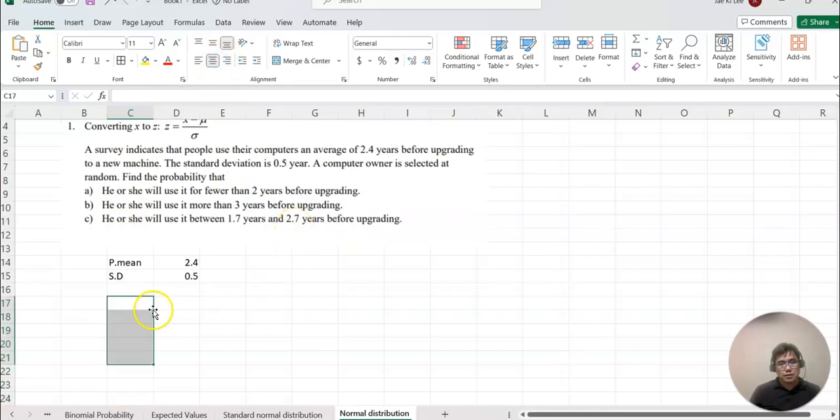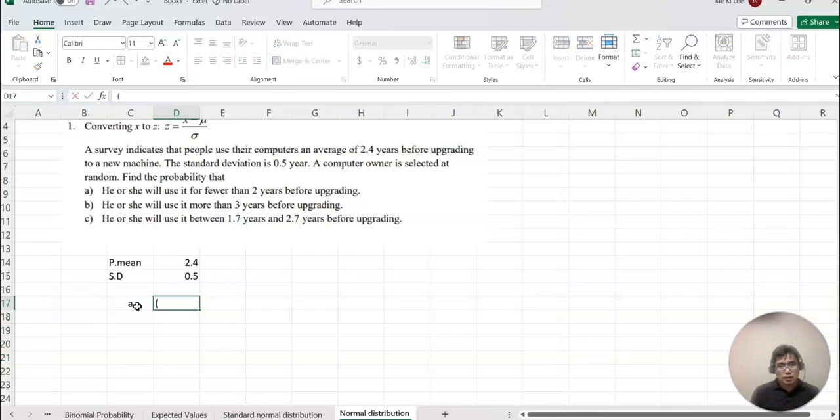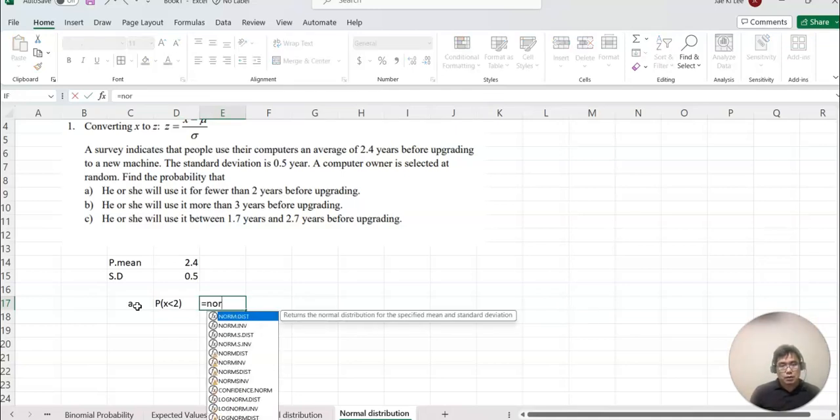A first. He or she will use it for fewer than 2 years. So we can indicate the probability that x is fewer than 2 years. You can make this equal to NORM.DIST, the normal distribution here. Click that.